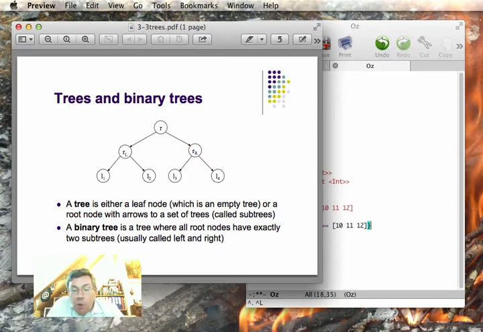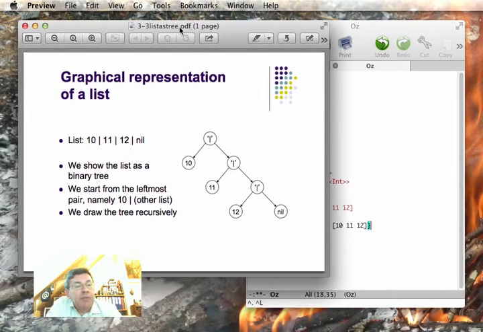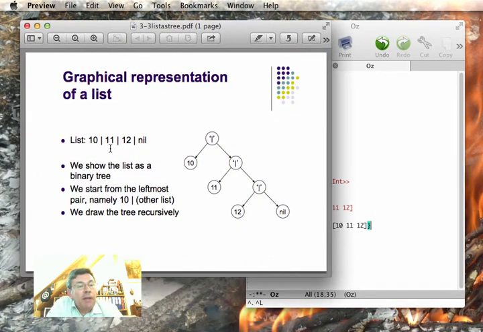Okay, so I'm not going to go further into studying trees as such, although later on we will have a lesson that's focused on trees, but I will show how lists are a form of tree. So for example, let me bring in a diagram. Given the list 10 bar, 11 bar, 12 bar nil, we take the first bar and we consider it the root of the tree here.